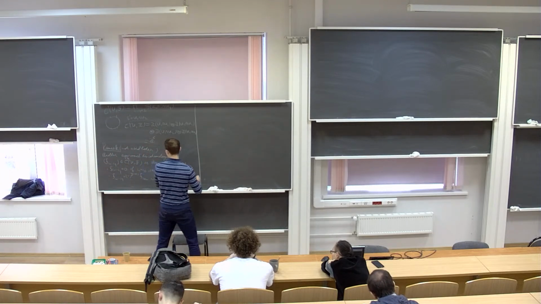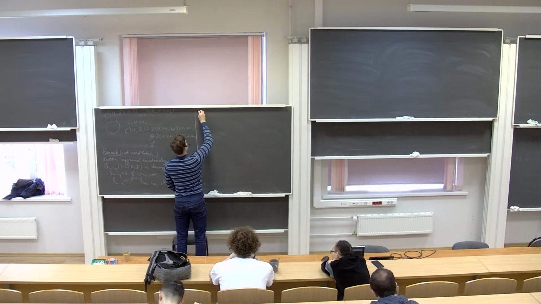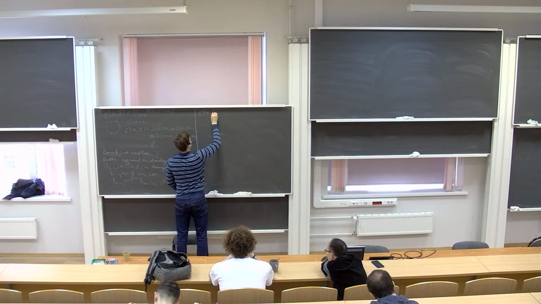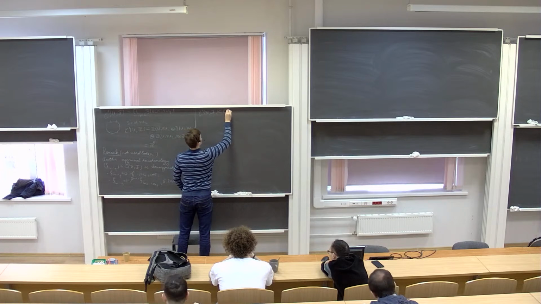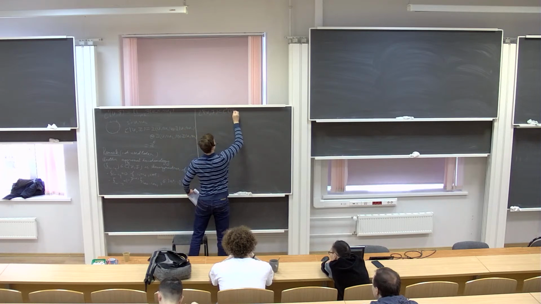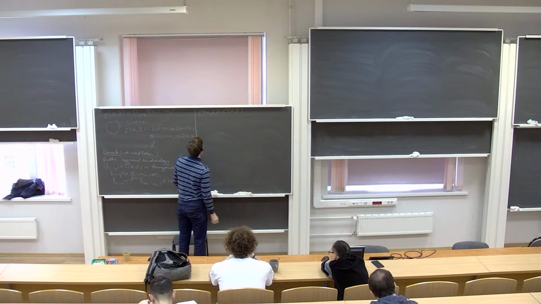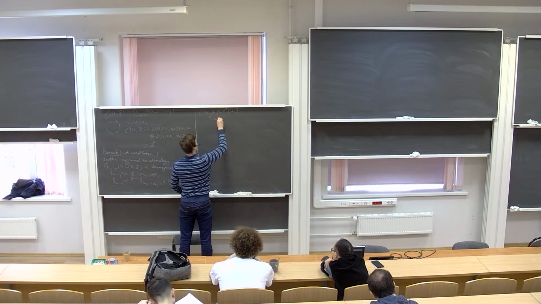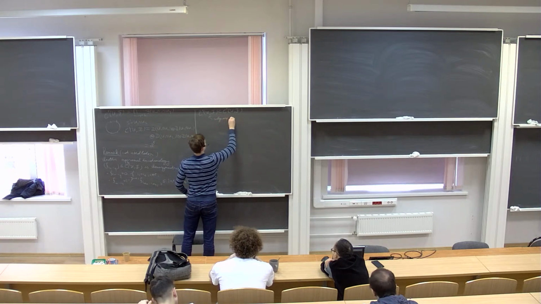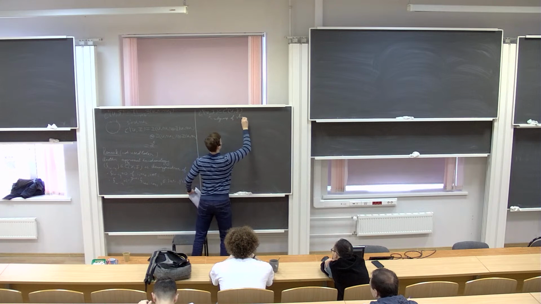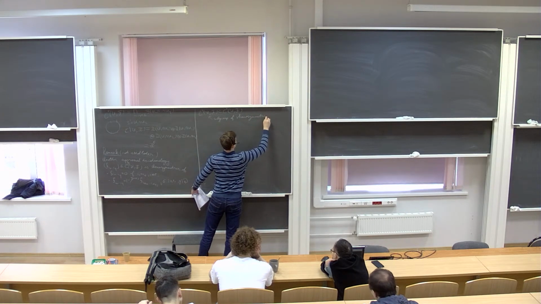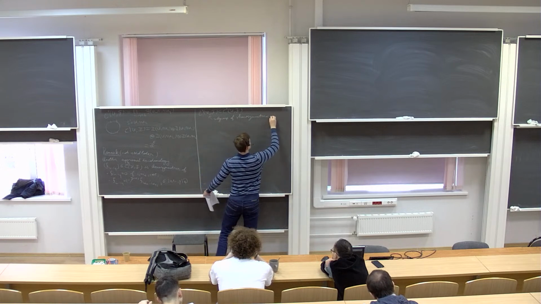Then one can denote by C-bar^q this subgroup of skew-symmetric cochains.